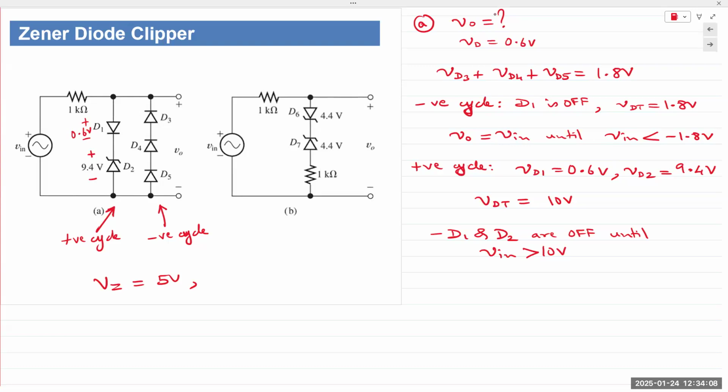If it's not given, feel free to assume anything you want. But as a working engineer, you're free to choose whichever you want. The ideal diode model is always my go-to model of choice. Anytime I analyze a circuit, I would always use an ideal diode model because it's far easier to analyze. Short circuit or open circuit, and that's it.